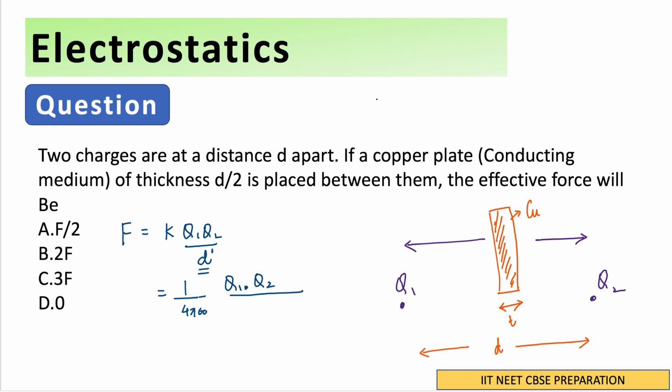So what is this d dash? Let's quickly write it down. First of all, it is d minus t plus root k times t, and this whole square.